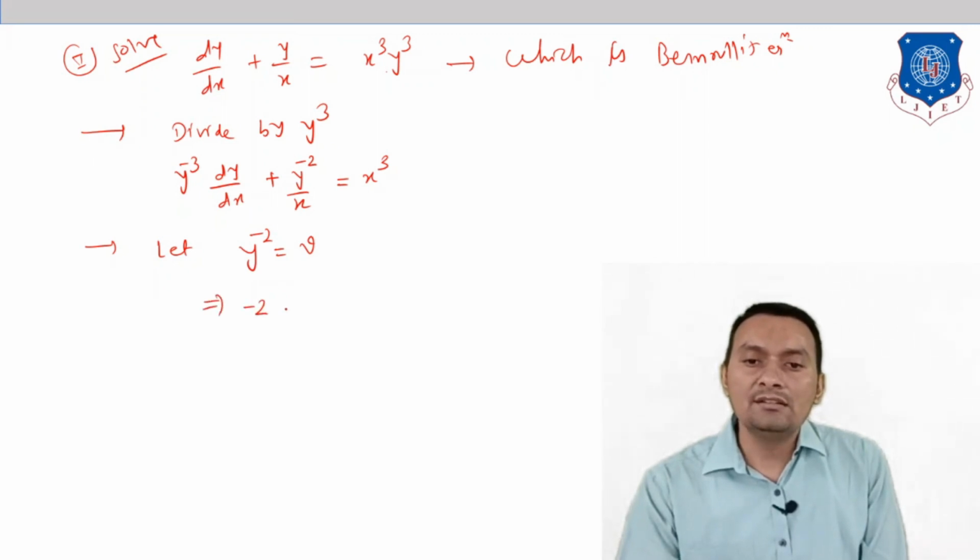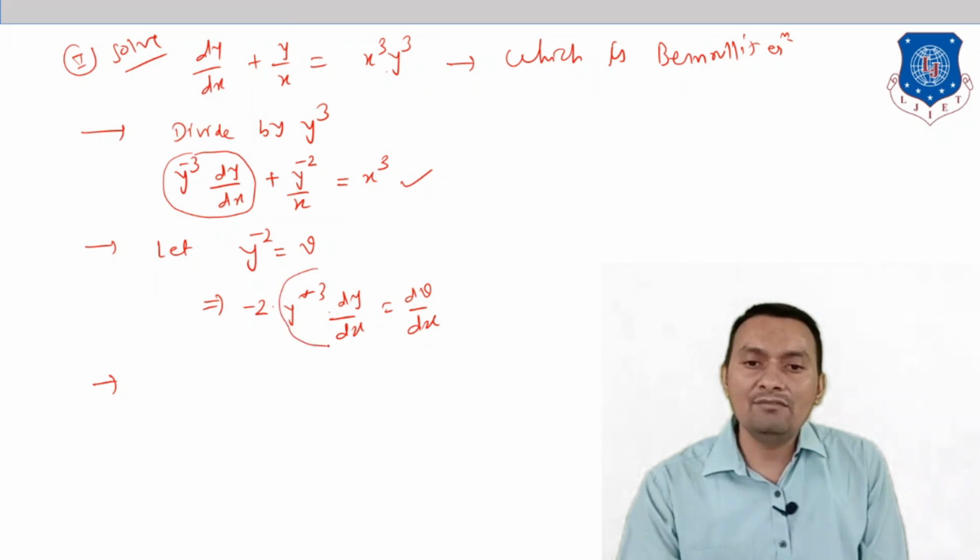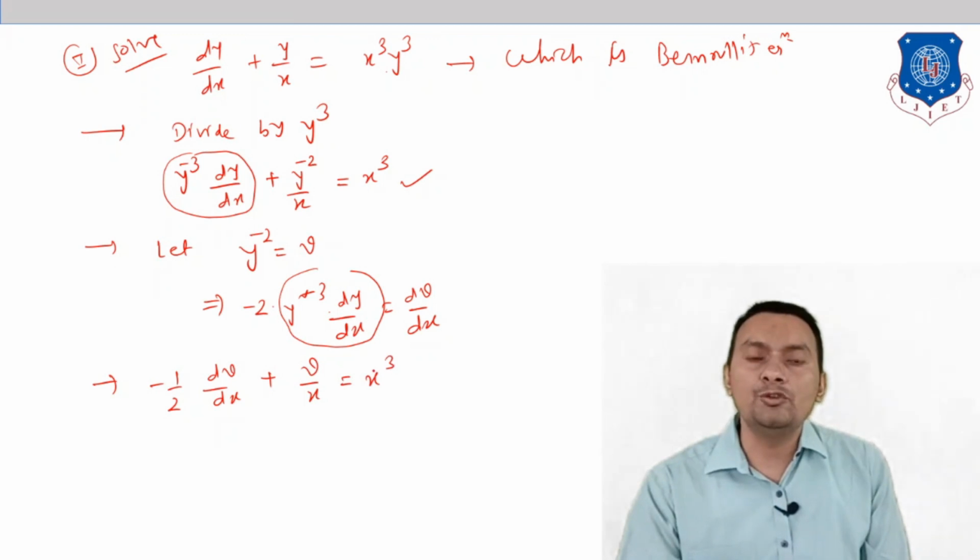So from this, minus 2 times y raised to minus 3 into dy by dx is equal to dv by dx. Now I am replacing over here. So y raised to minus 3 dy by dx will be minus 1 by 2 dv by dx, plus v by x is equal to x cubed.